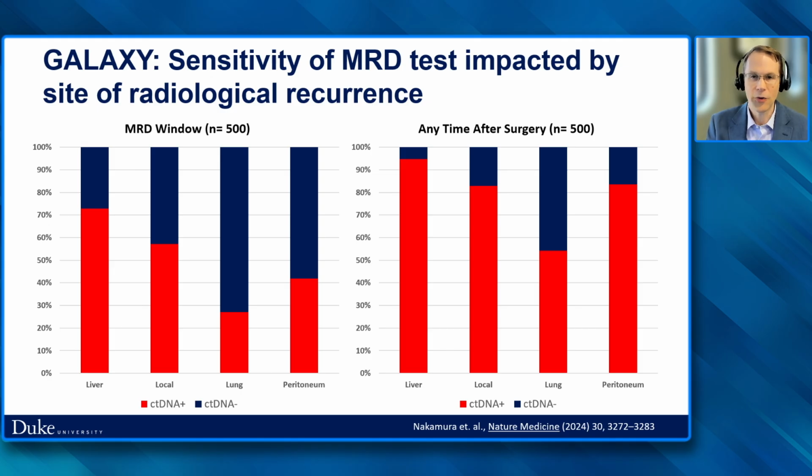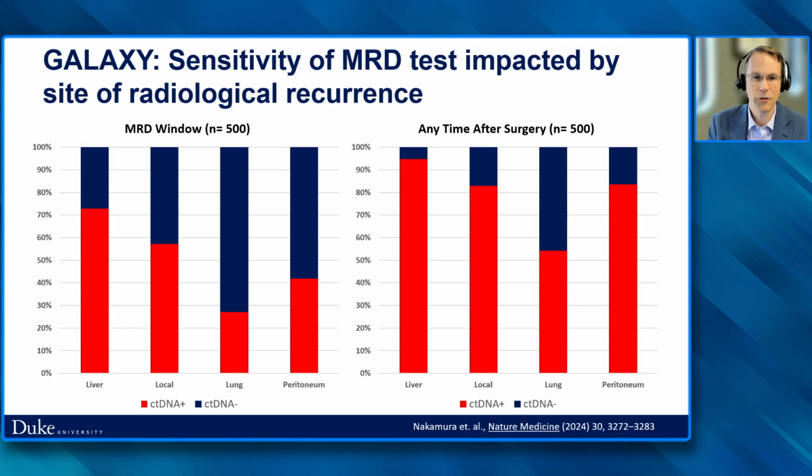We do have some evidence out there that helps us know where to look when you've got a positive result, but your CT scan is negative. I really like the GALAXY data for helping to point the way to where to find that radiologic recurrence. So on our left is the sensitivity of the Signatera tumor-informed test in the so-called MRD window.